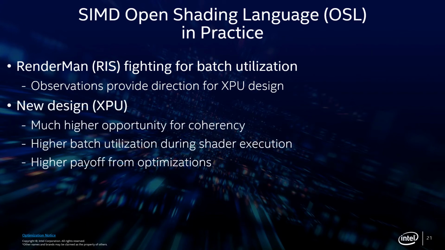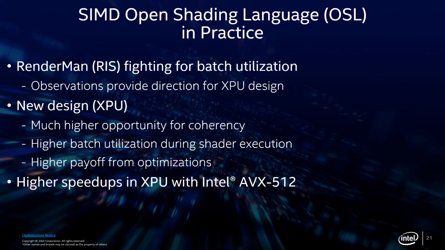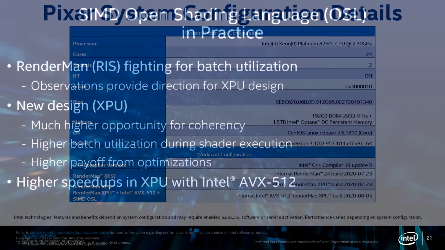By incorporating sorting into the pipeline, XPU has a higher opportunity for overall coherency. In particular, during shader execution, we achieve a higher batch utilization, and optimizations made to stages in the rendering pipeline have higher payoffs. In general, we're seeing higher speedups in XPU with Intel AVX-512.